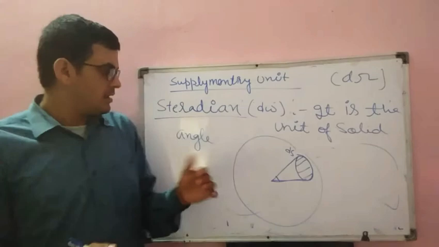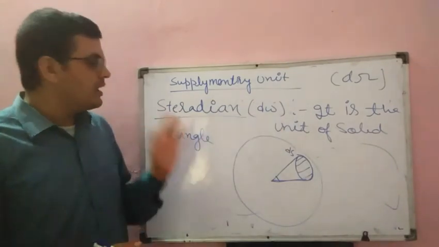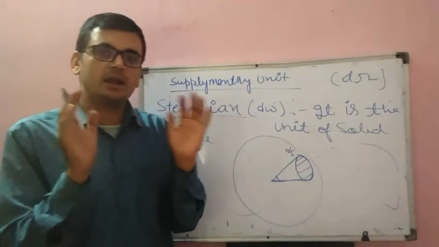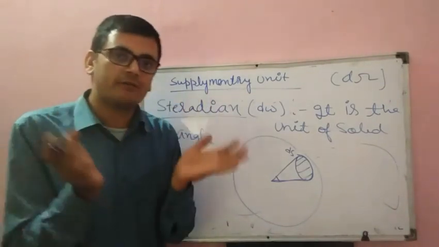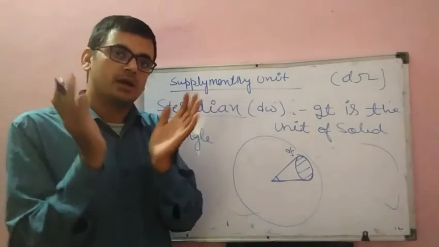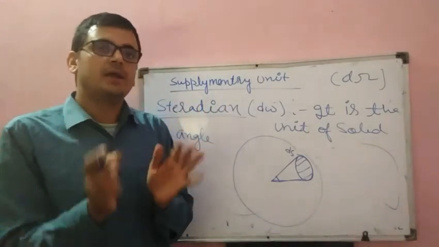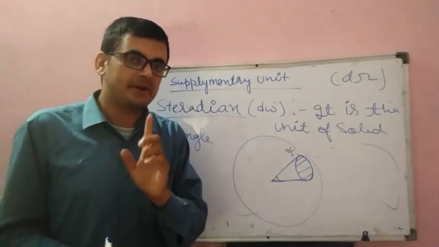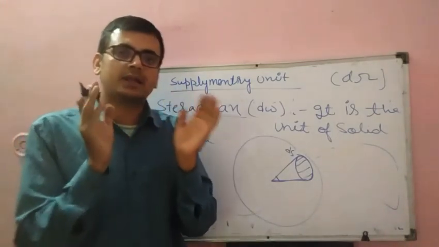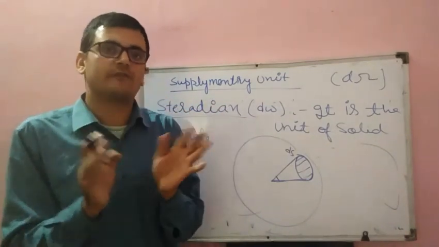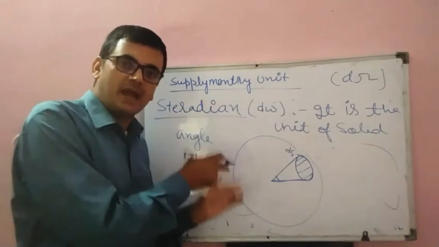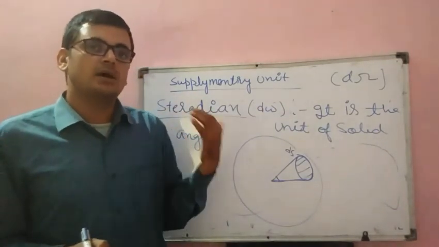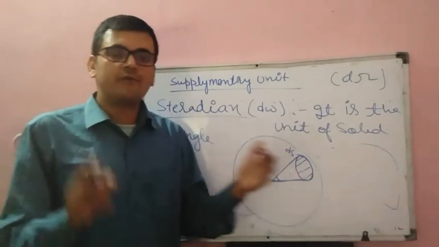Steradian is the unit of solid angle, and it is equal to the angle described by the surface of the sphere at its center when its area is equal to the square of the radius. I am repeating again: the angle described by the surface of the sphere at its center when its area is equal to the square of the radius.